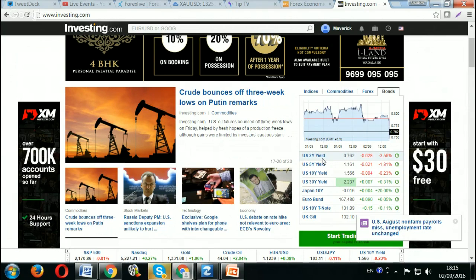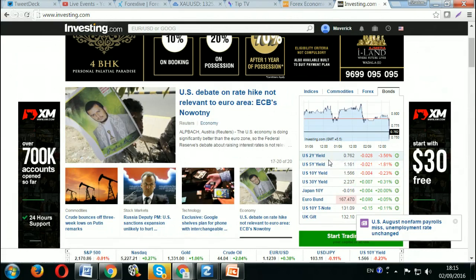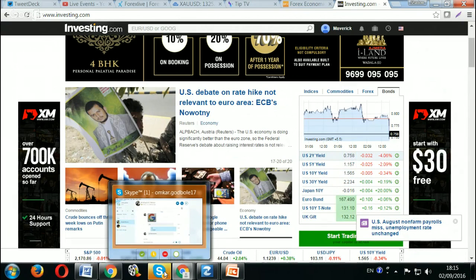And markets are still fearful that rates may rise this year. That would be a signal from the 2-year treasury yield if it ends on a positive note or a flat note.